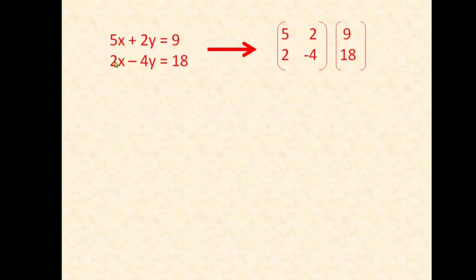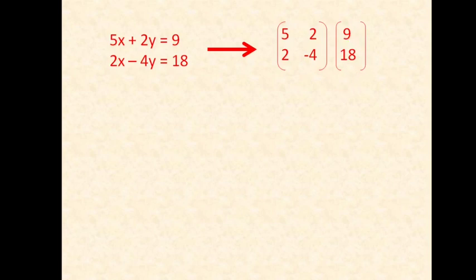These are two linear equations and their coefficients are arranged in matrix 1, which is 2 by 2. Why do we call it 2 by 2? Because this matrix has two rows and two columns, and this other one is 2 by 1. It has only one column and two rows.